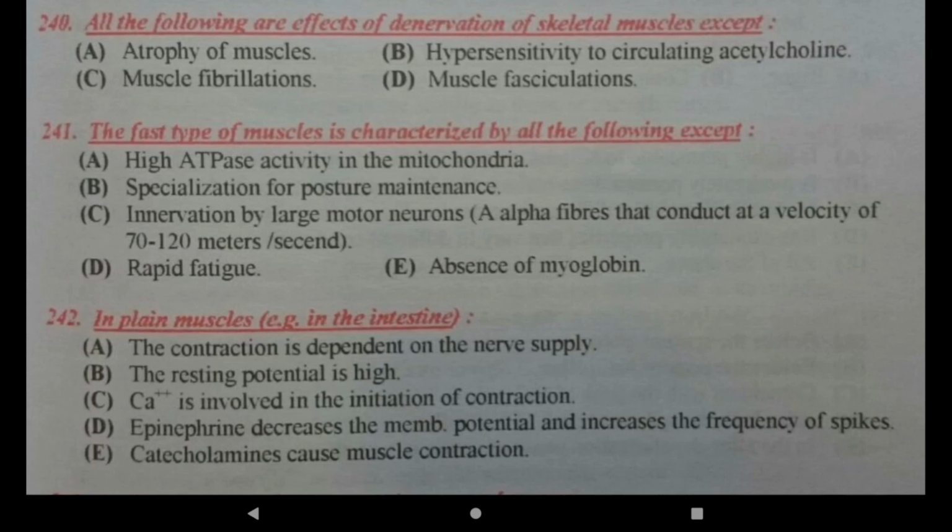So we are looking out for the incorrect statement concerning first type muscles, or sometimes they are called the white fibers.